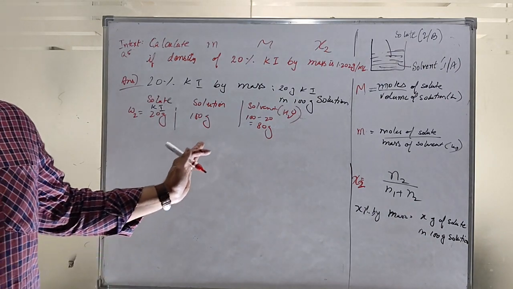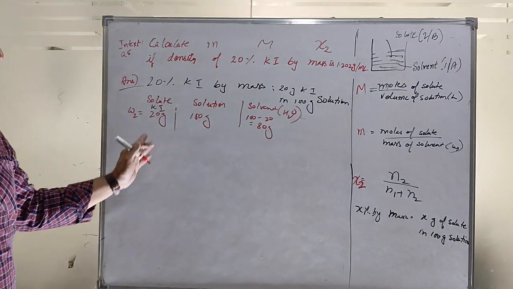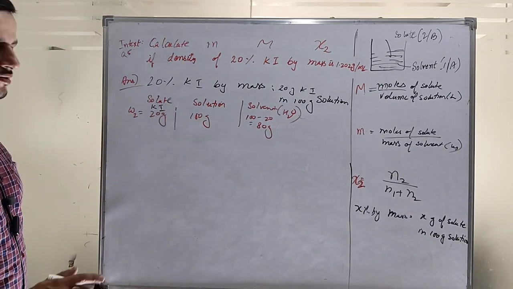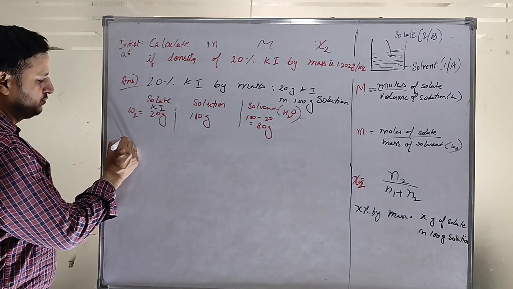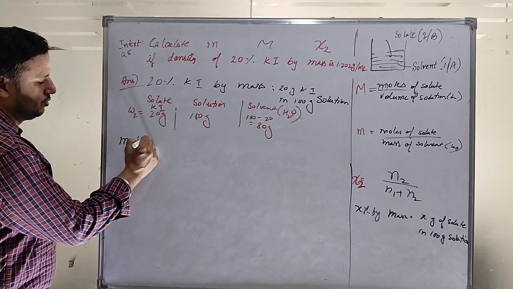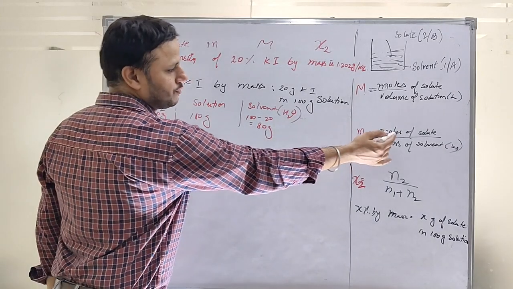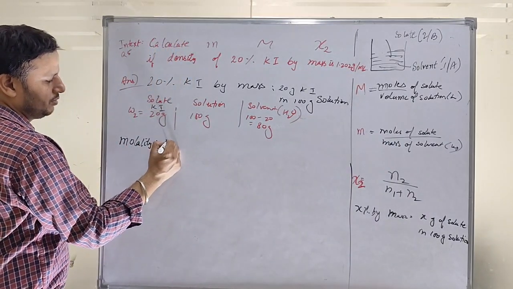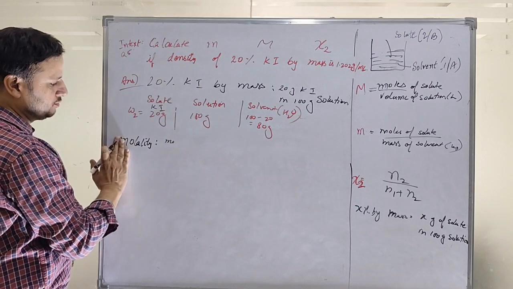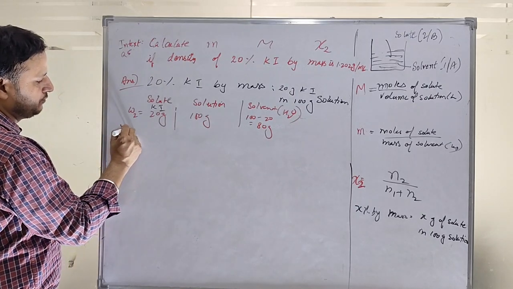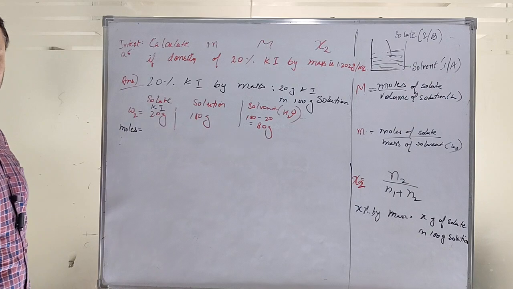K potassium, I iodine, potassium iodide. So first we have to find molality. So moles of solute by mass of solvent. So first we will find moles of solute.